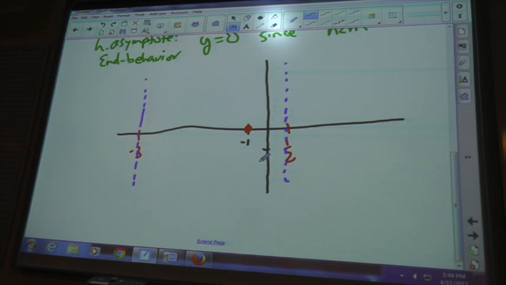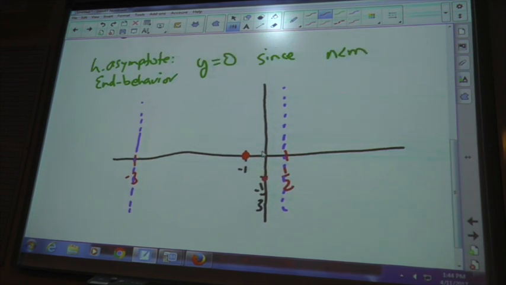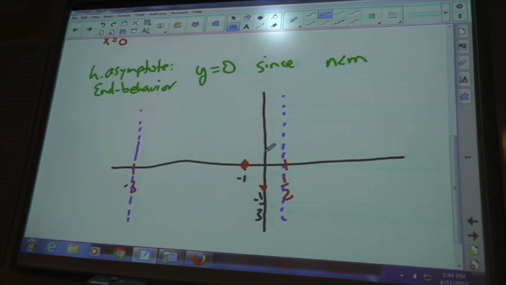Now I'm not really drawing this all to scale because I'm running out of space here. But it does go through this point. Now that's actually important. And the end behavior is y equals 0. Now remember, the end behavior just means at the ends. It can cross 0 in between.